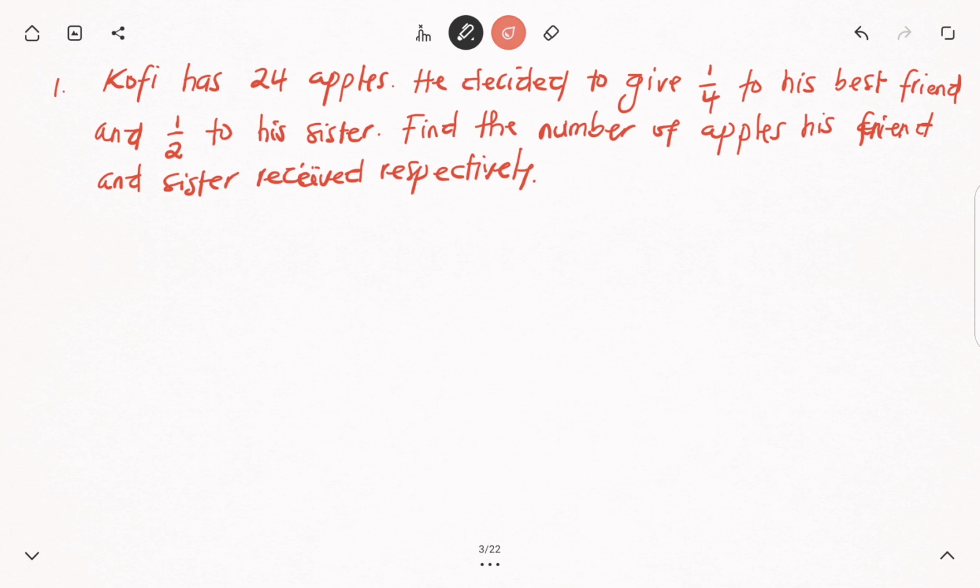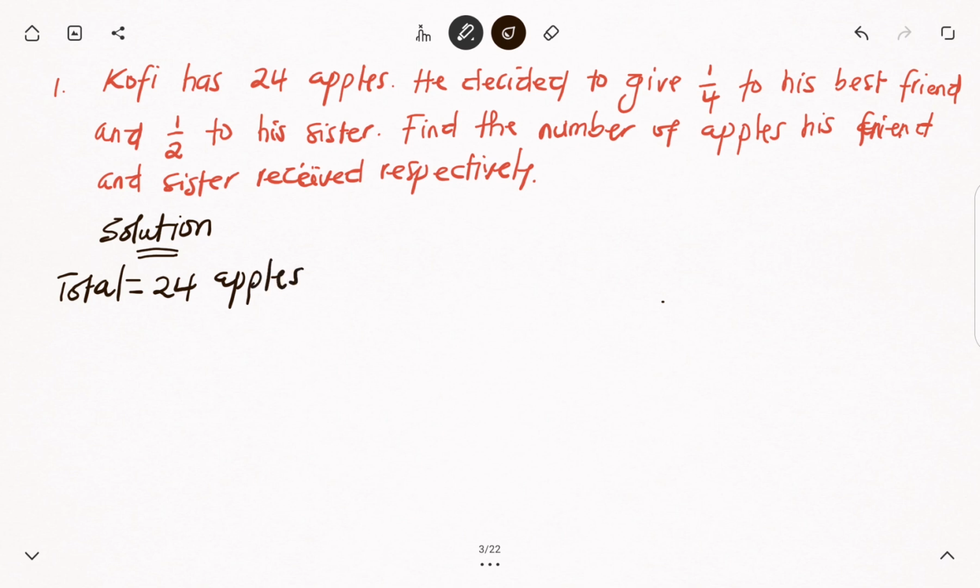All right, so let's have a look at the solution to this problem. Solution. Now, if you look at this problem, they said Kofi has 24 apples. So it means the total number of apples that Kofi has, total, okay, total is 24 apples.